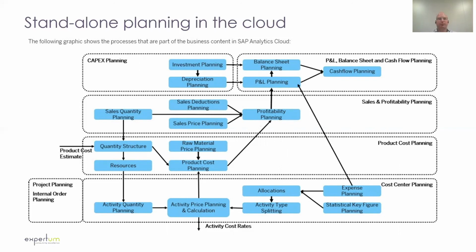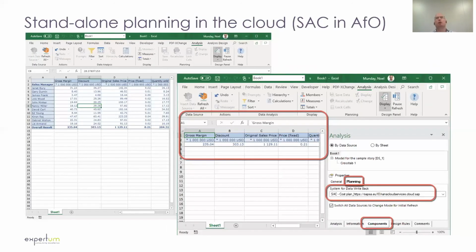And the funny thing about it is that you can actually use SAC in AFO as a model. So if you have a standalone planning solution in the cloud, but you want to use Excel as an input tool, you can. You can do your planning there, and as you can see here, the system for data write back is actually our cloud service.